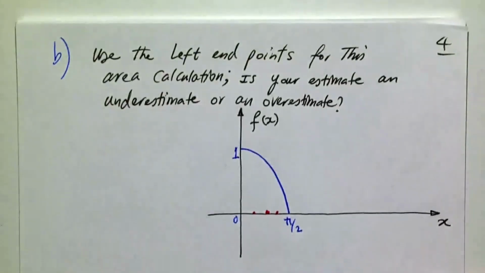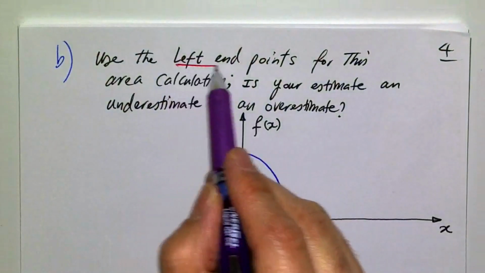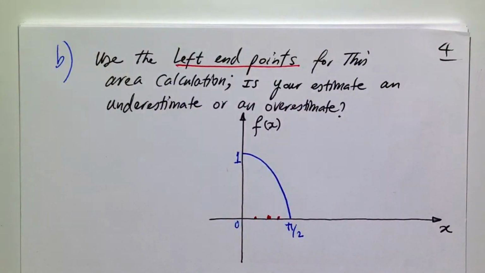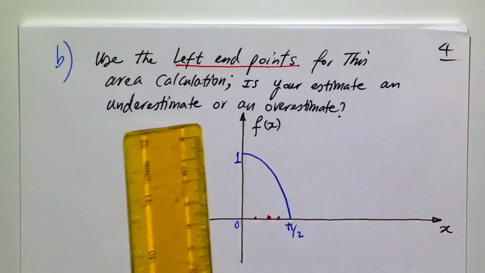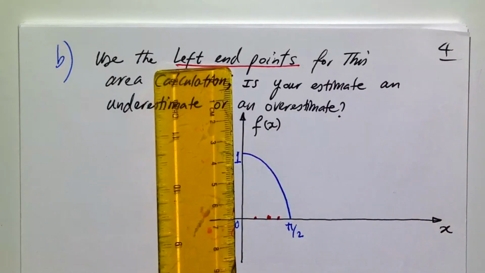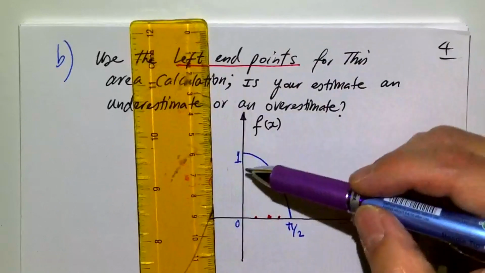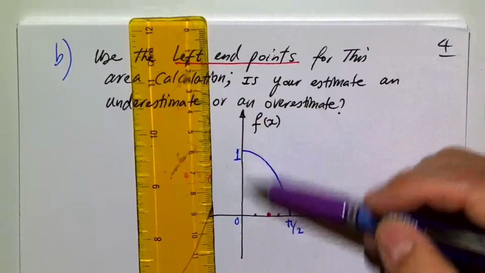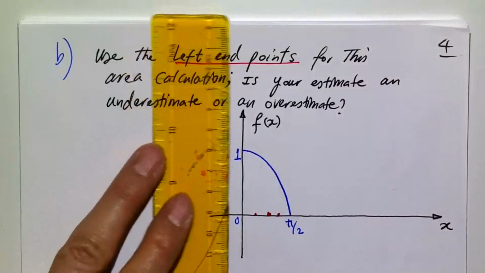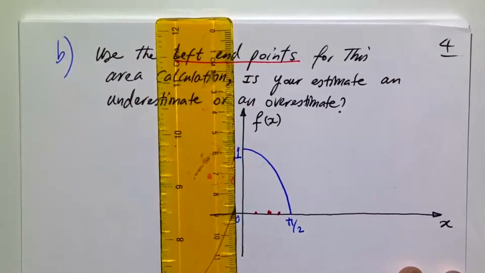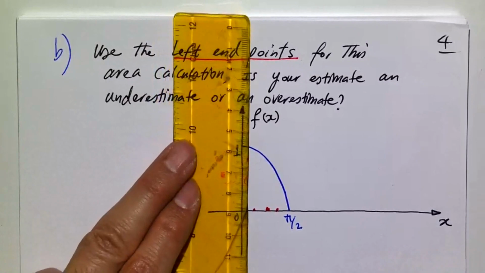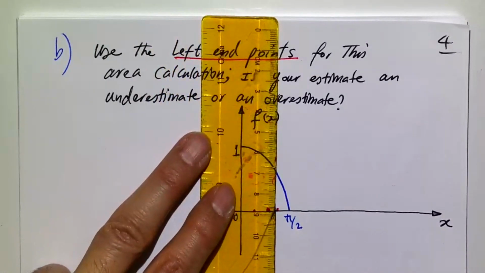So this time we are using the left endpoints, so I have to be careful how I draw this. So this side along the y-axis would be one of the sides, and hopefully I don't smear this ink.